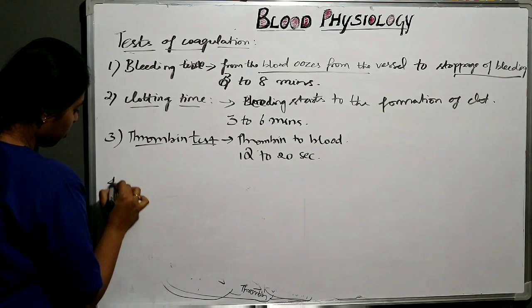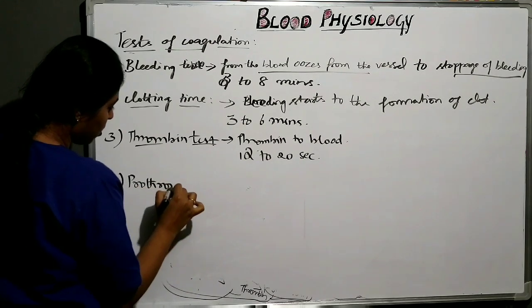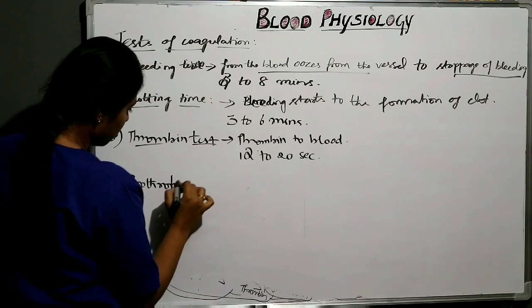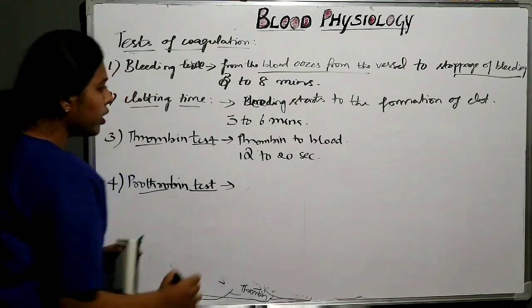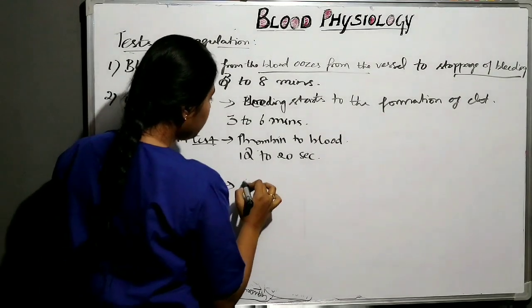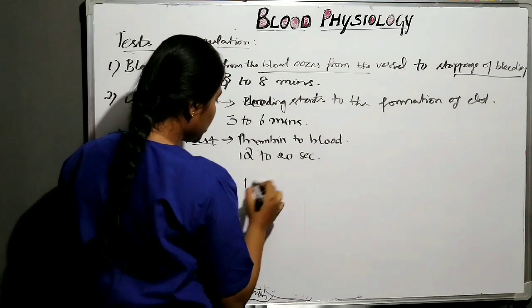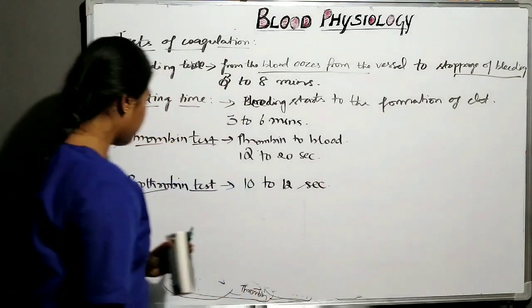Then the fourth one, prothrombin test. It is the time taken for the blood to coagulate after adding prothrombin to it. It is usually 10 to 12 seconds.